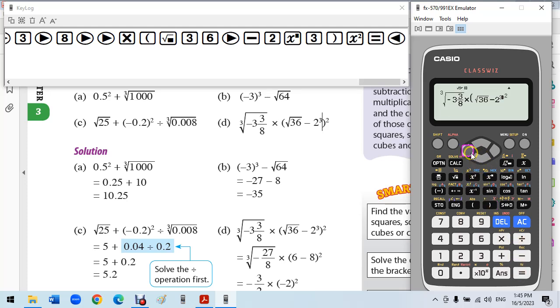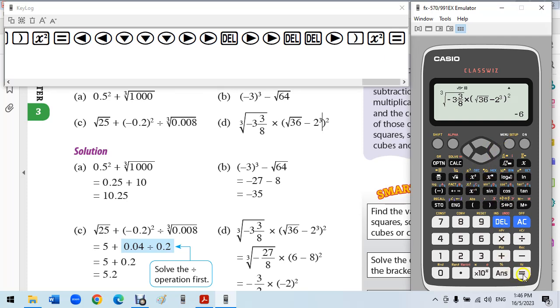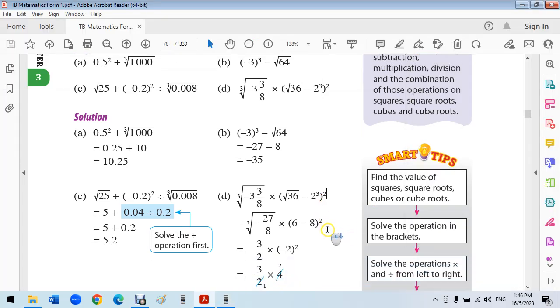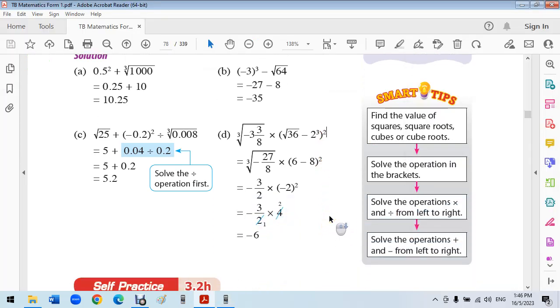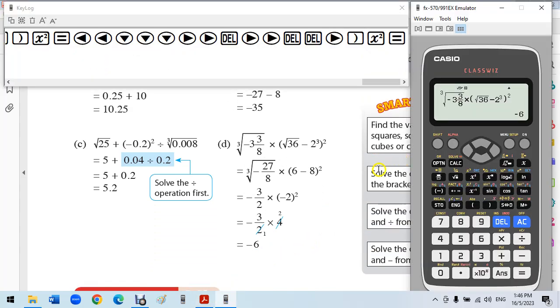Okay, oh, math error. This one, square, negative 6. Okay, so this is the calculation that we can use for Form 1 chapter 3.